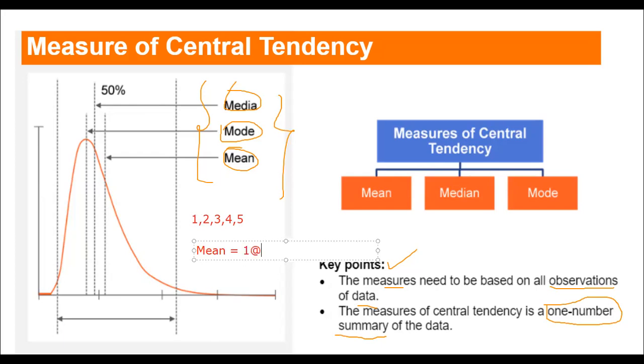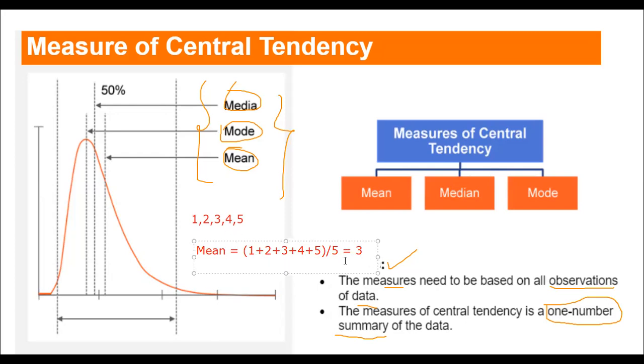So total means 1 plus 2 plus 3 plus 4 plus 5, and then we divide it by the number of observations. How many observations do we have? We have 5. So 5 plus 4 is 9, and 10, and 15. It's 15. So the answer would be 3. So the mean of this data is 3.